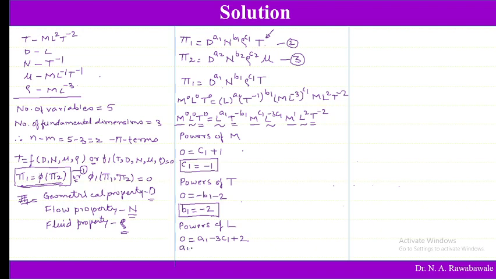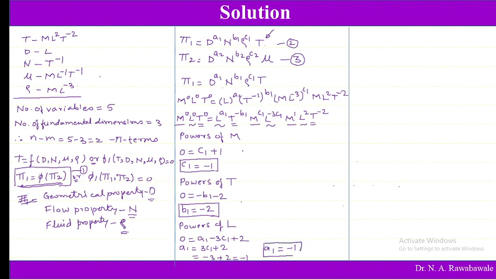So a1 is equal to 3c1 minus 2. The value of c1 is minus 1, so minus 3 plus 2 means this will be minus 1. So we obtain a1 is equal to minus 1.